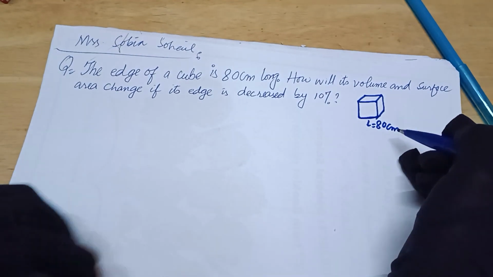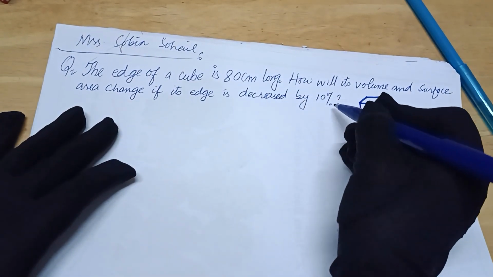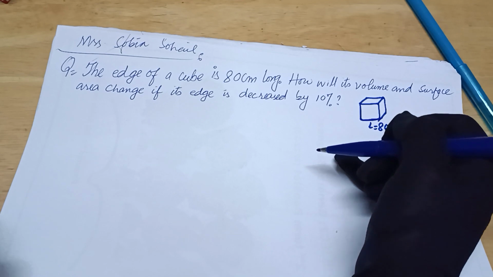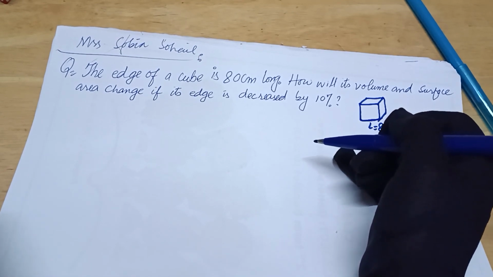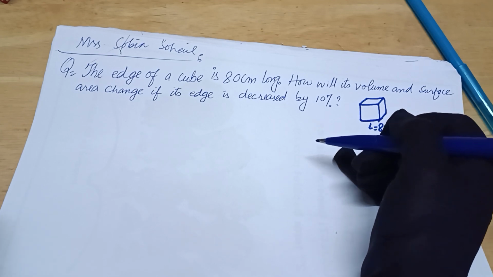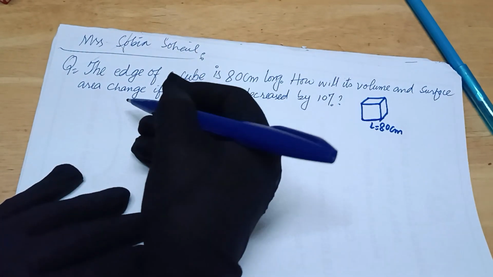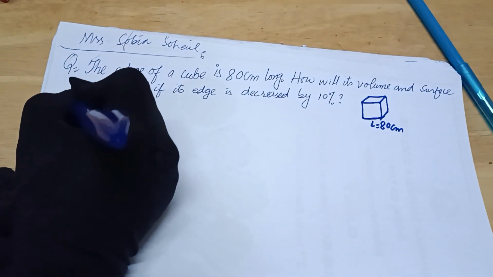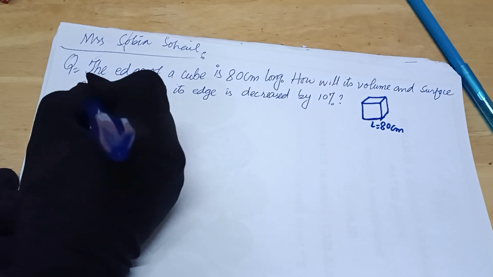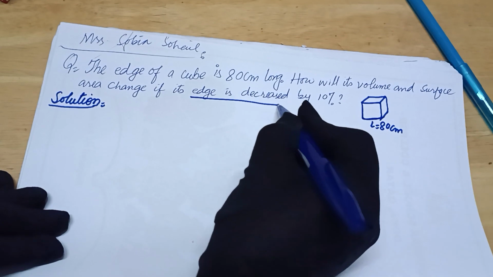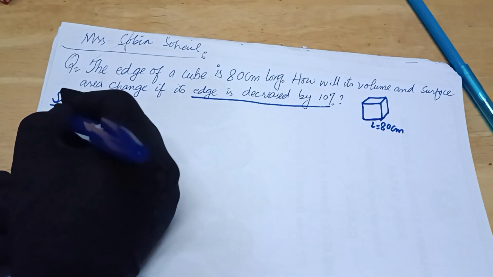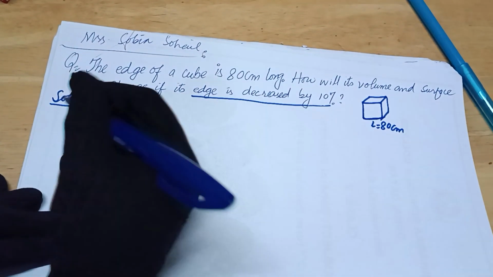If its edge is decreased by 10%, first we have to calculate what 10% is, then we will find out the new edge. So first we find the new length of the edge, decreased by 10%.